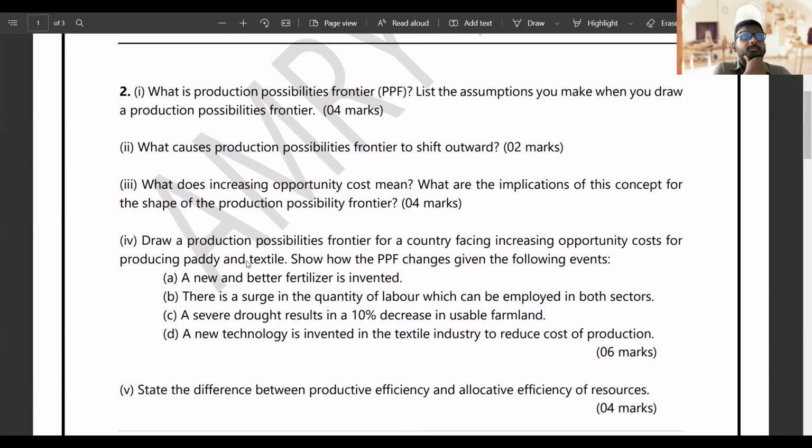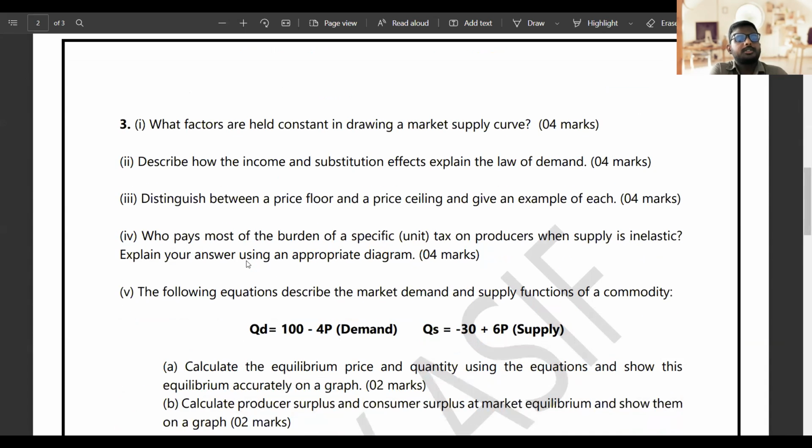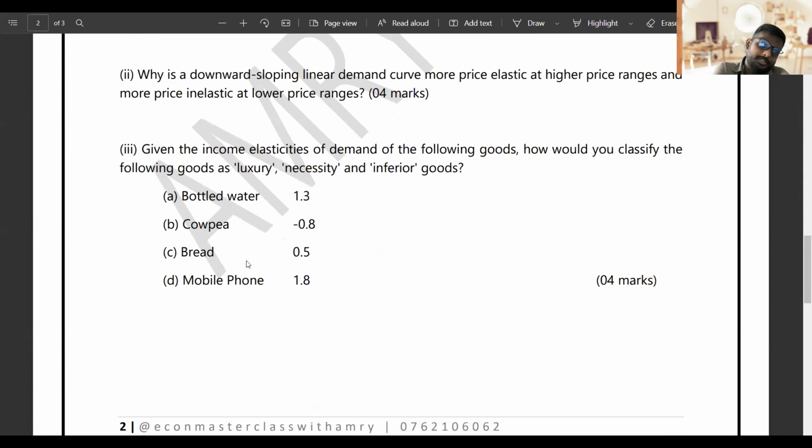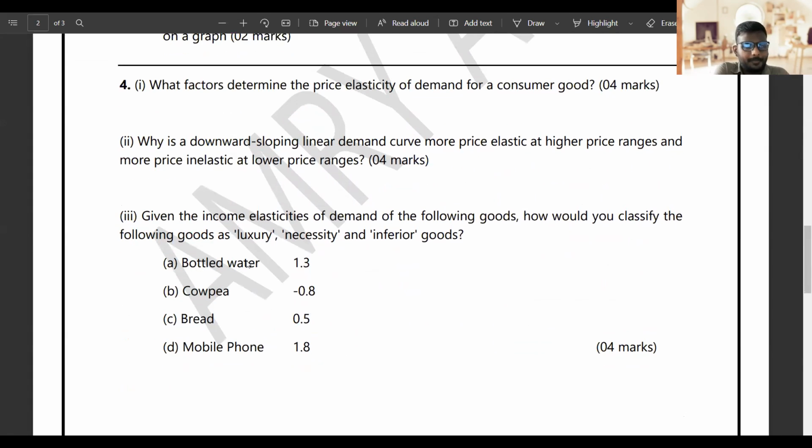Right. Now, shall we look at another chapter 1 question today, or shall we move on to something related to chapter 2 and then come to chapter 1 questions next week? What do you guys say?